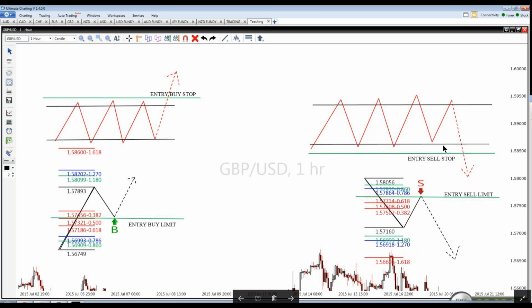Same for the entry sell stop. It's placed below the current market price, expecting that the market is going to dip to that price, touch the entry, and continue in that direction. Does that make sense? Any questions on that?